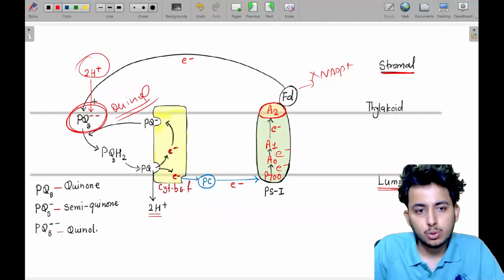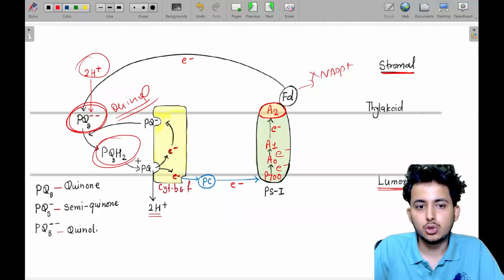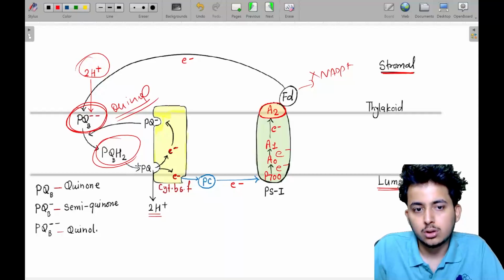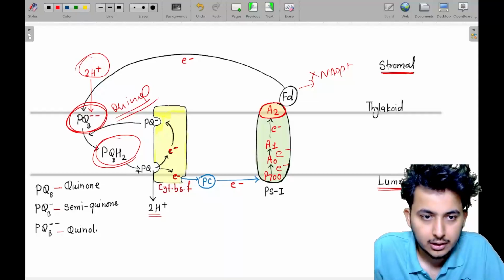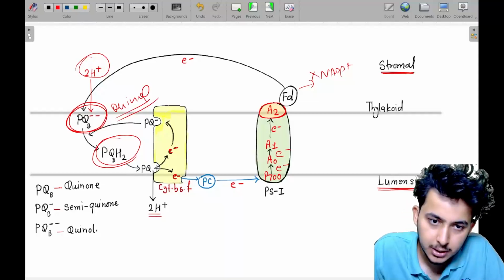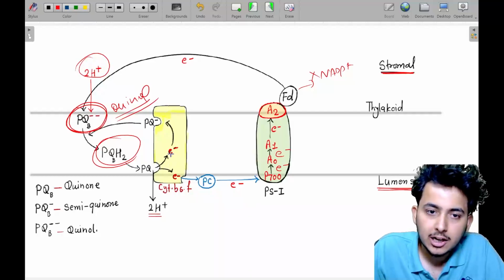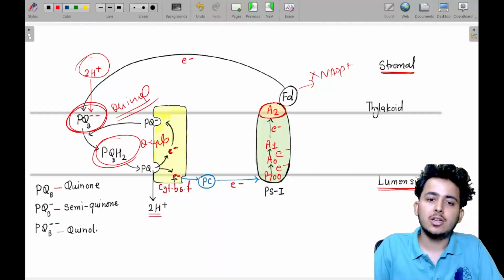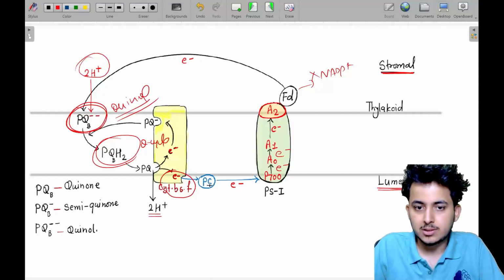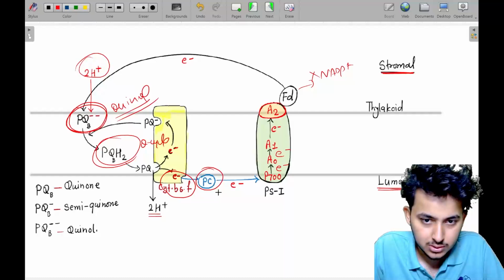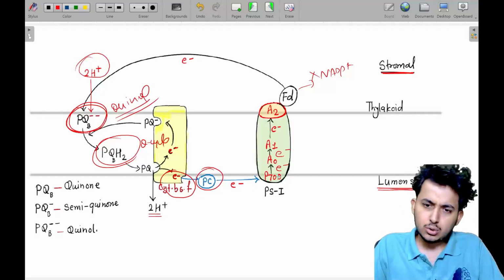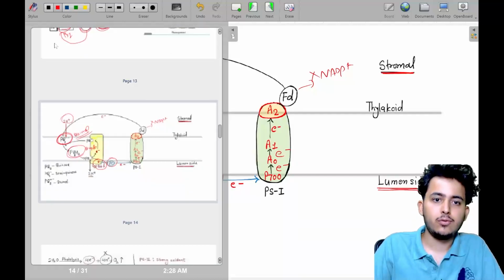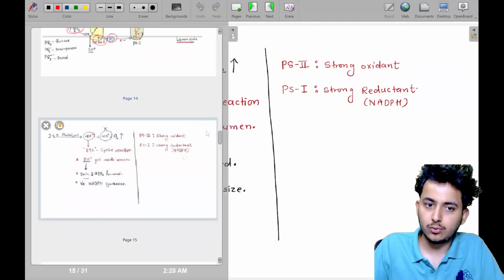Then from the stroma, two protons react with it and form PQBH2. This PQBH2 again undergoes oxidation and converts back into plastoquinone B, and the electron again deviates into the Q cycle. The other electron passes through the cytochrome B6F complex, then to the PC, that is plastocyanin, and back to P700. So this is the cyclic photophosphorylation, or the cyclic flow of electrons.